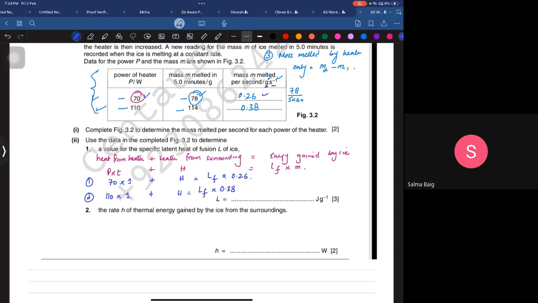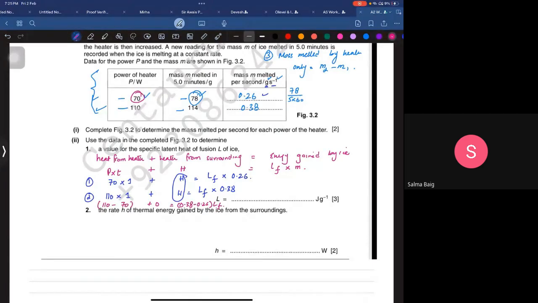Now you have to subtract these two equations to cancel this factor. So what you do? 110 minus 70 on one side, and on the other, 0.38 minus 0.26 times the latent heat of fusion. Is that clear, everyone?